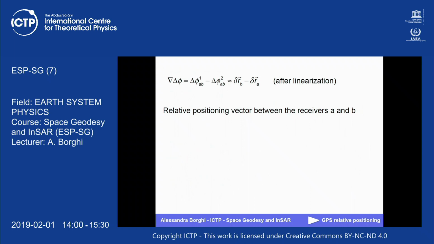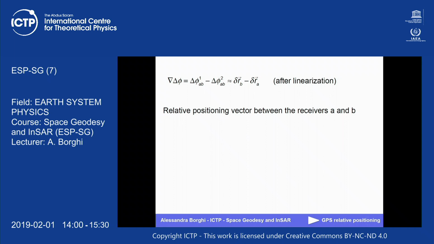We are going to see this expression better later. So from the double differences, that means the difference between two single differences between receivers, this expression can be linearized, and we obtain a relationship related to the differences between the relative position of the two receivers.